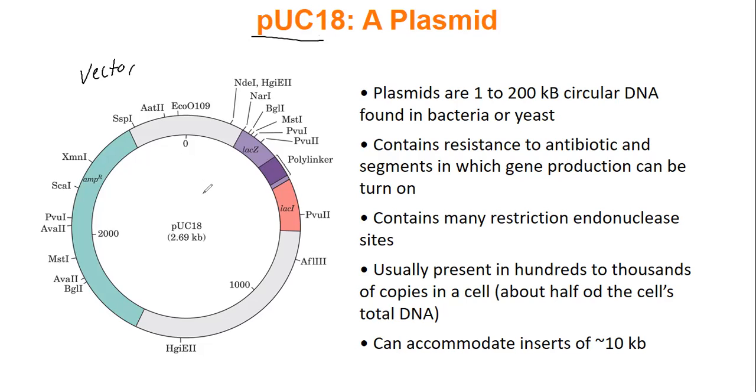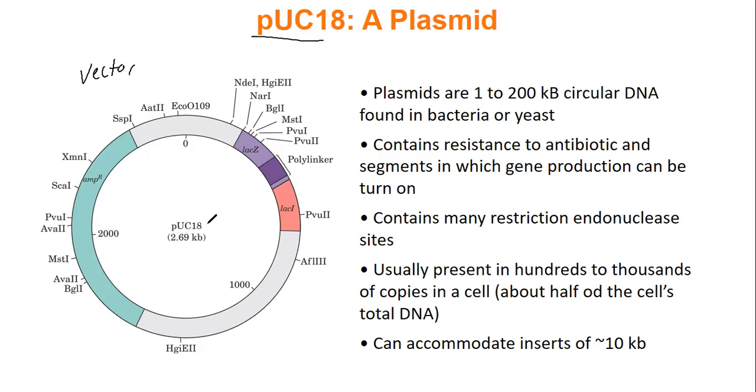There are lots and lots of different plasmids out there. This is just an example. And a plasmid is a circular piece of DNA that's usually found in bacteria or yeast, and it ranges in size, as I have there, from 1 to 200 kilobase pairs.